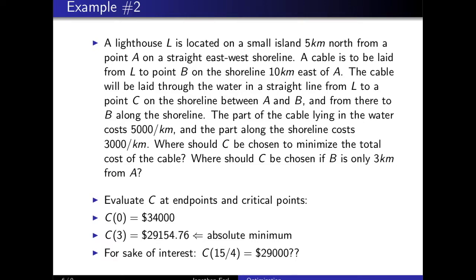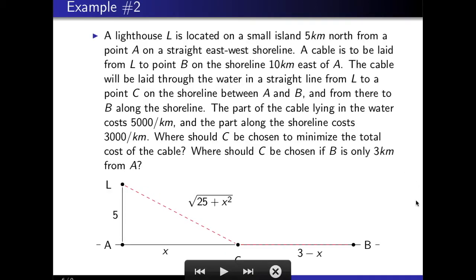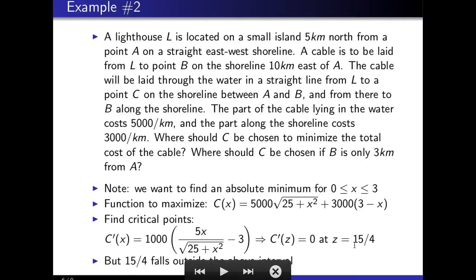But if we'd taken this point of 15/4, what we'd be doing is connecting the cable from the lighthouse L to some point over past B and then coming back to B. And the way this function is set up is that if we picked an x value bigger than 3, the second part of the cost function would give us something negative.